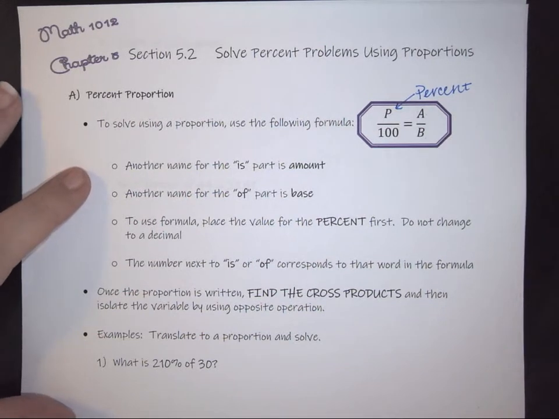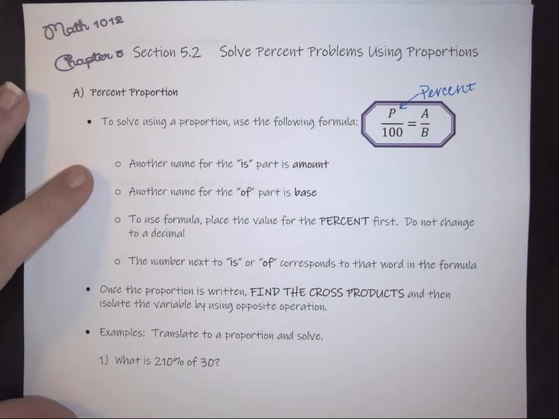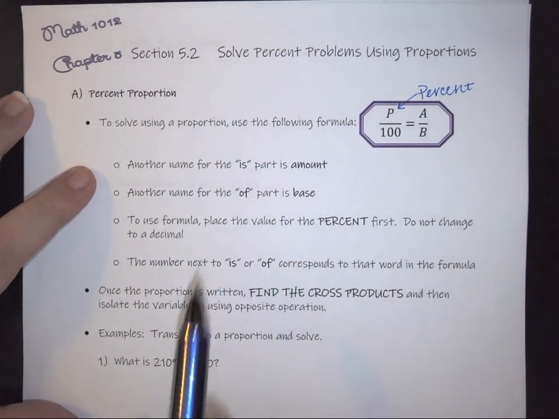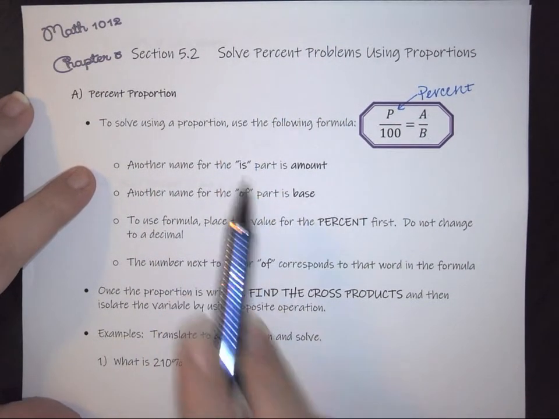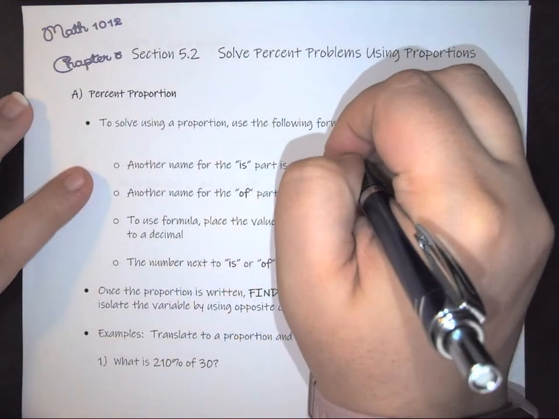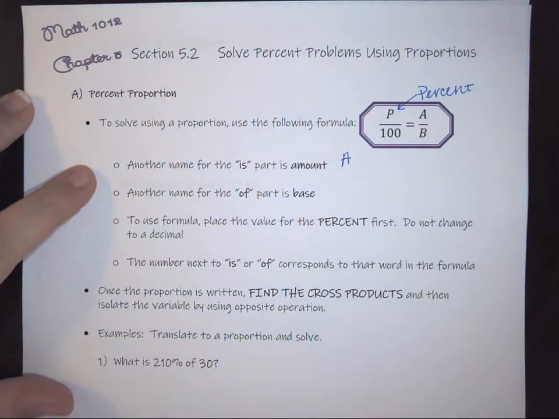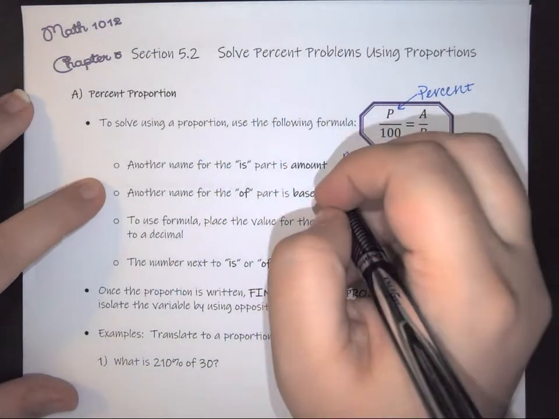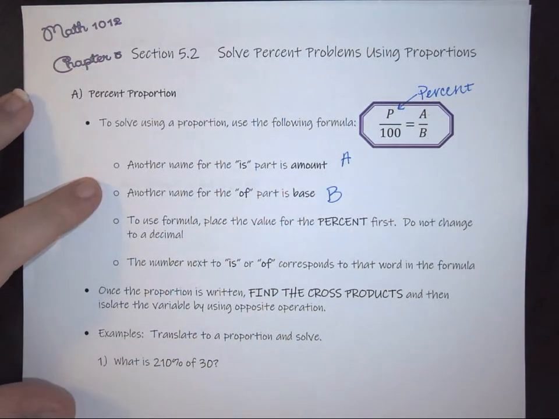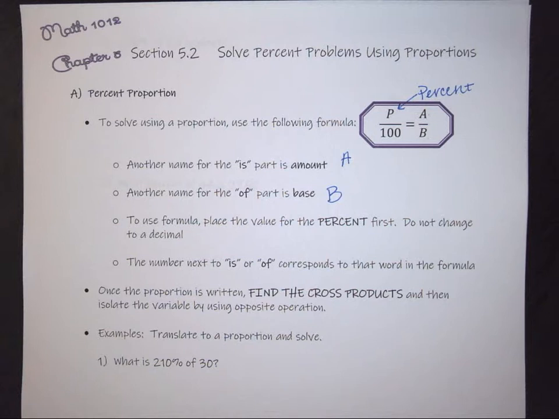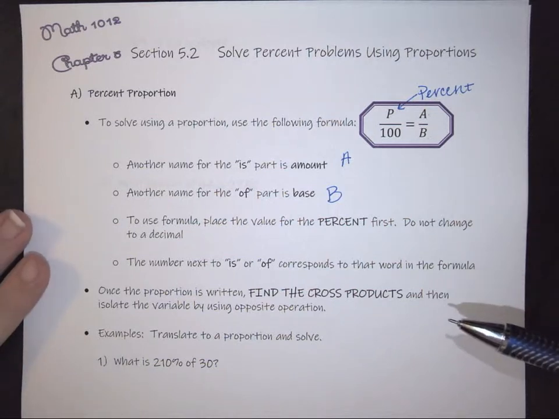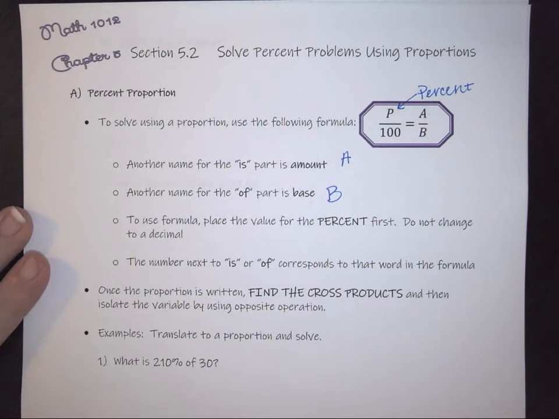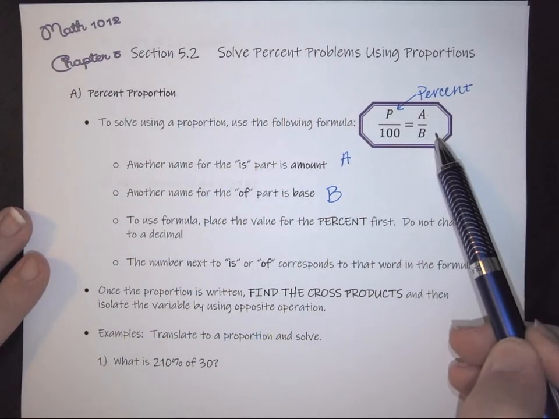When you're reading your sentences, there are some keys that we have to pay attention to. First, if you see the word is, that is talking about the amount, or A. If you see the word of, we're talking about your base, or B. So what you have to do is read your sentence and be able to figure out what's missing.